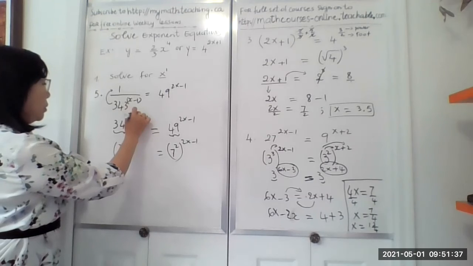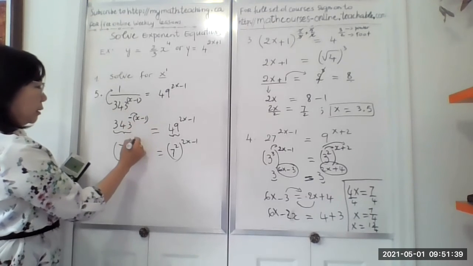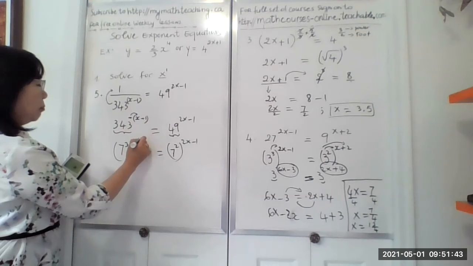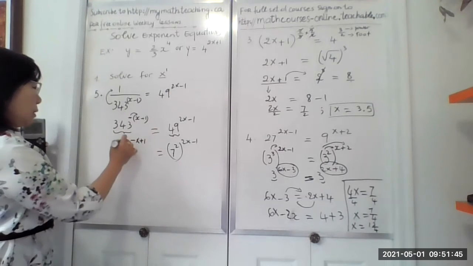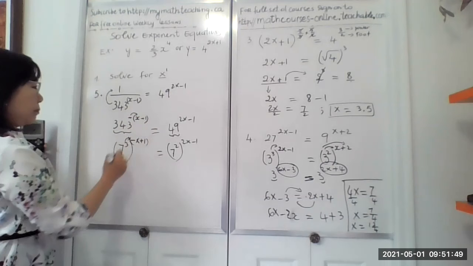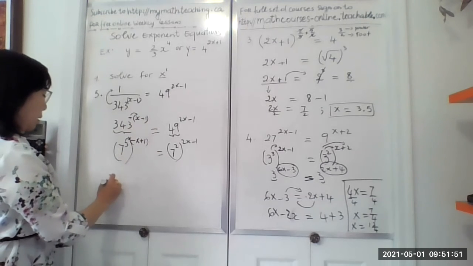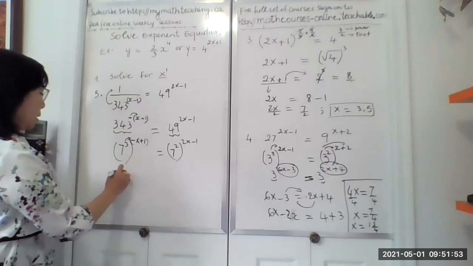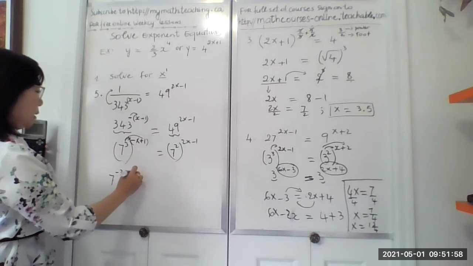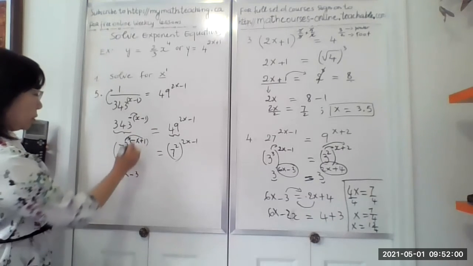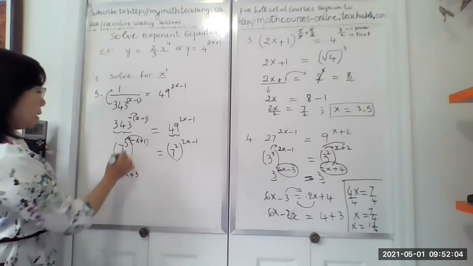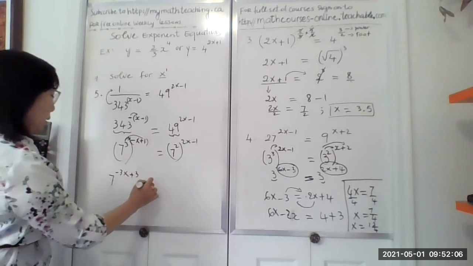And I'm going to distribute the negative in the bracket here. So I have minus x, minus with minus becomes plus 1. Now I'm going to multiply this number into the bracket. So I will have 7 to the power of minus 3x and, sorry, plus 3. See the plus sign, so 3 times 1 is 3.